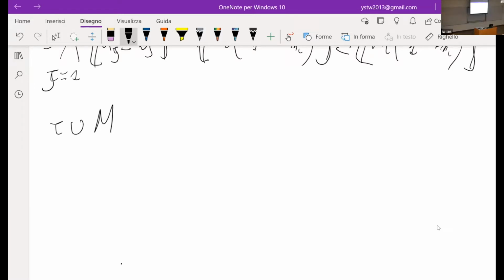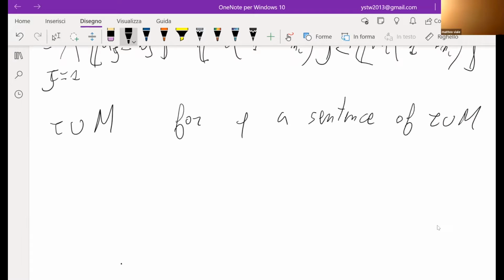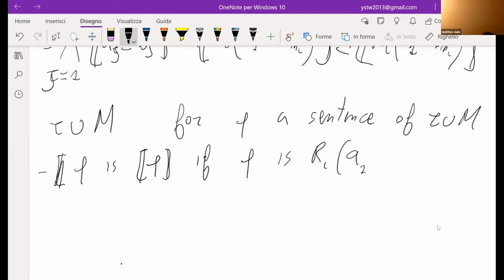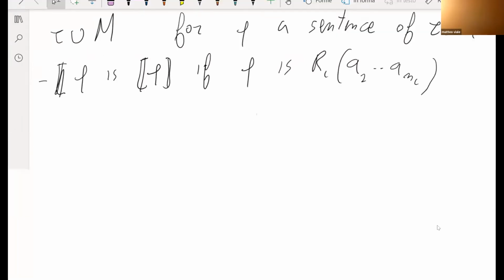So I omit the interpretation of formulas with free variables. This is easily extended to formulas with free variables of tau union M. What one does is assign, well, phi is, if phi is R_i(a_1, ..., a_n), okay, so I have my atomic formula.